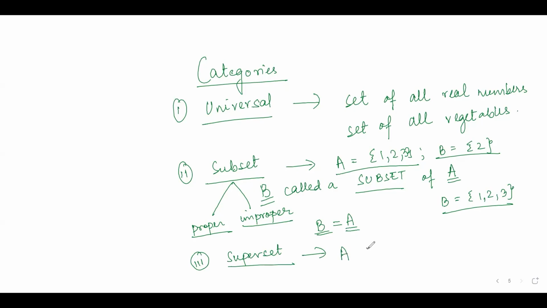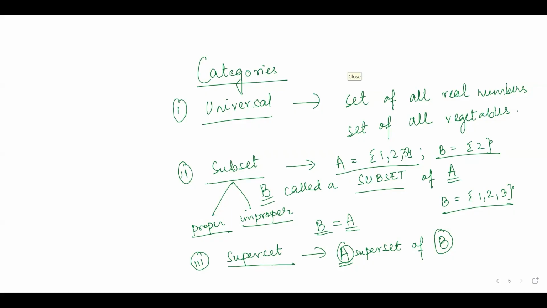So A is called the superset of B. That is, A contains all the elements in B and more. So A is called the superset of B. Understood? Universal, subset, superset, these are three good concepts. One is universal set, one is subset, and one is superset.